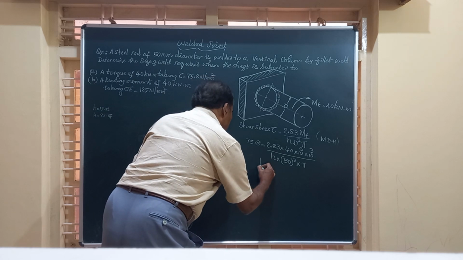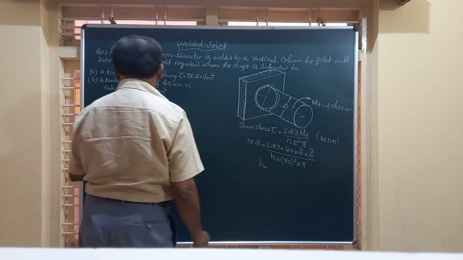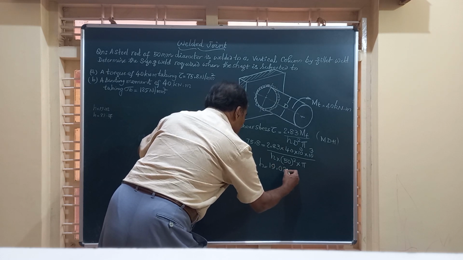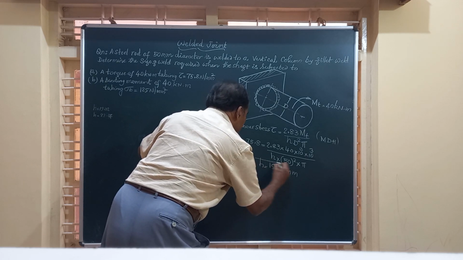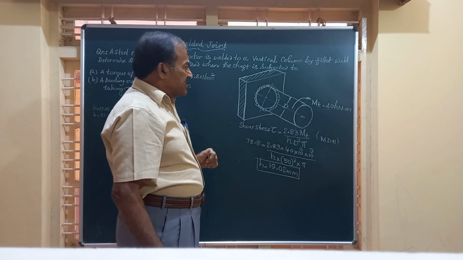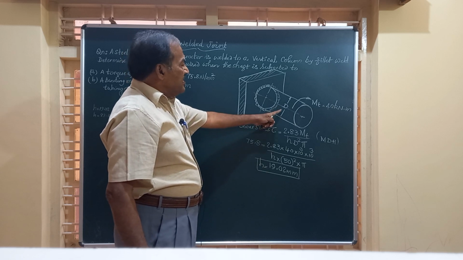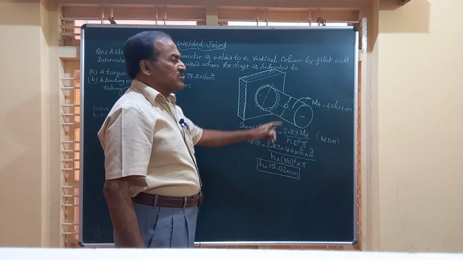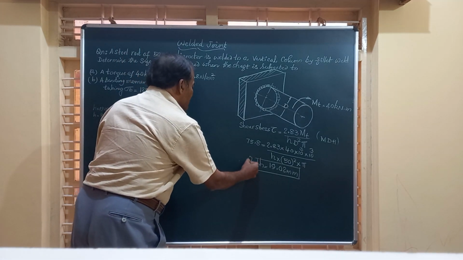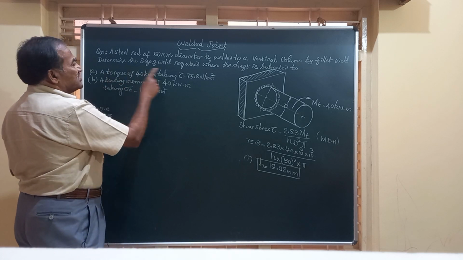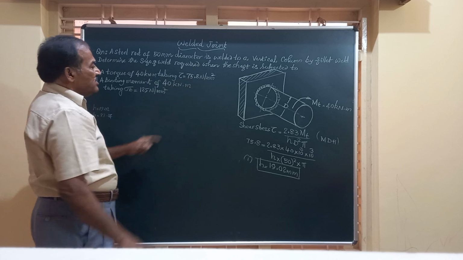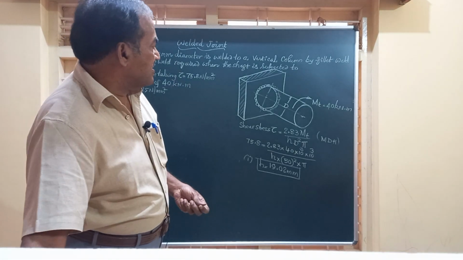If you simplify, you will get h, the size of weld, as 19.92 millimeter. So this is the weld size required to sustain a torque of 40 kilonewton meter by a shaft having diameter equal to 50 millimeter. And this is the answer for the first part of the question.